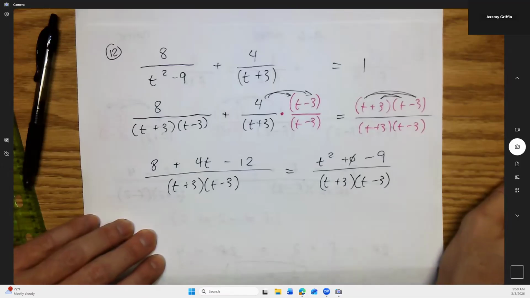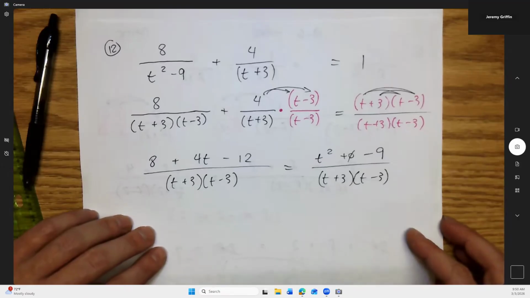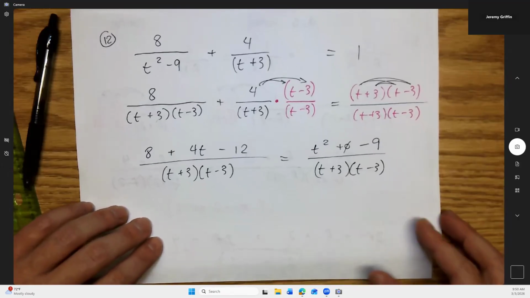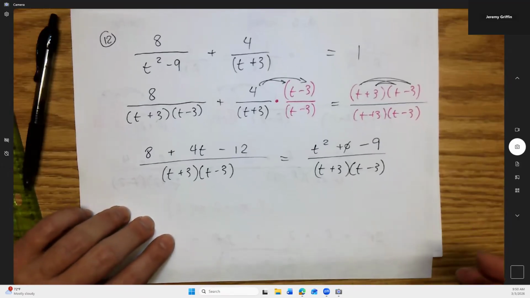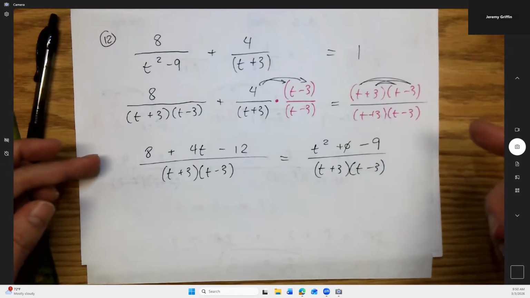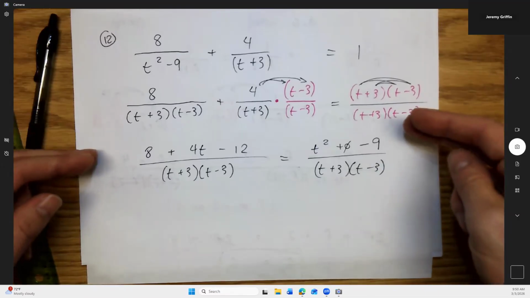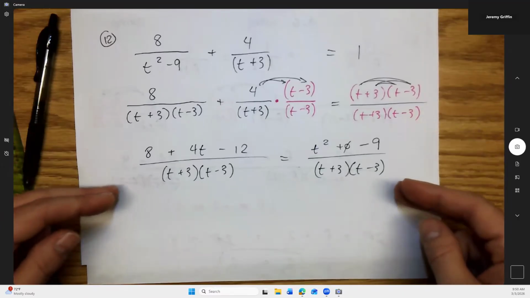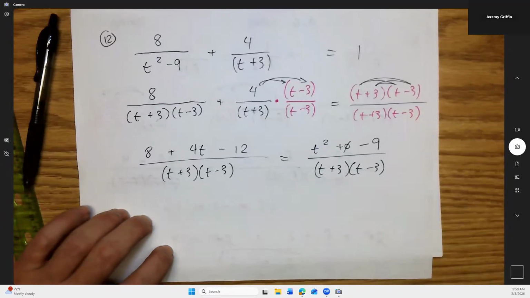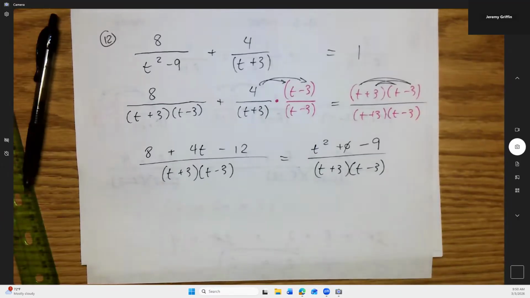All right, guys got that? This looks pretty similar to the previous question. We got all the top FOILed out and distributed, and the denominators do match. So I'm going to do the same thing I did with the last one.